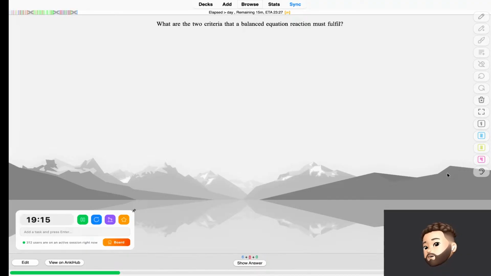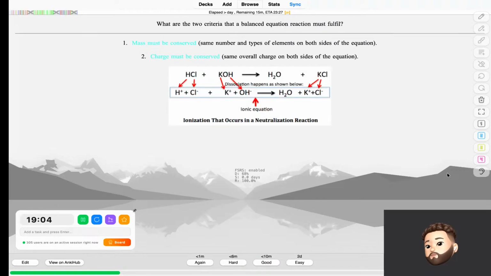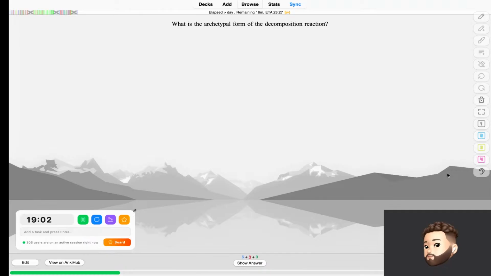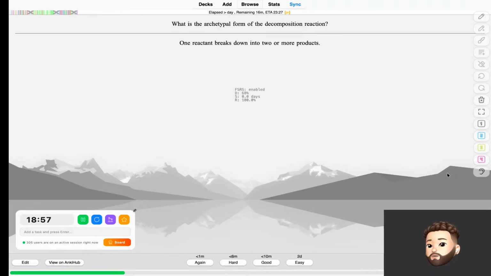What are two criteria that a balanced equation reaction must fill? Mass must be conserved, so the same number and types of elements, and charge also must be conserved. One reactant getting turned into two or more products.